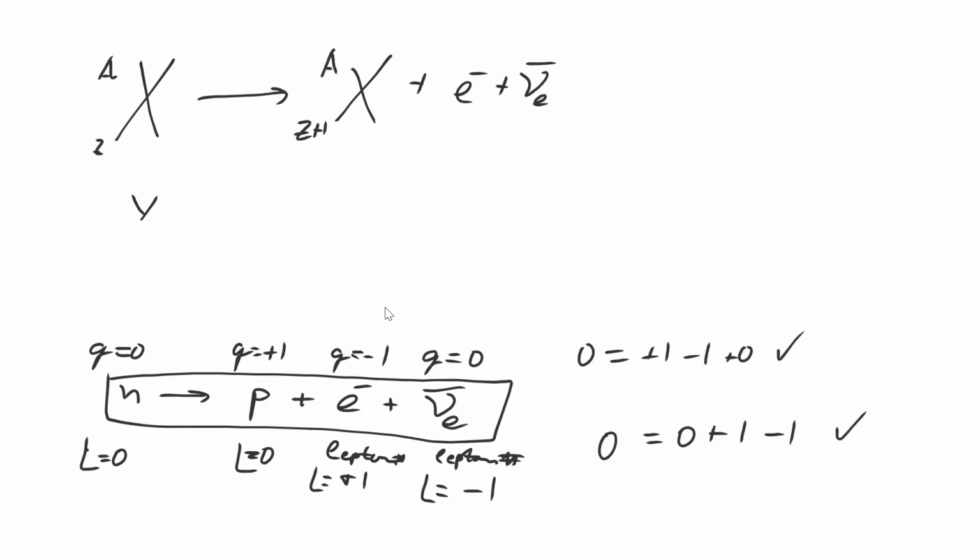Or if I have a different nucleus, and now I assume that it's not neutron rich but proton rich instead, then it's going to convert one of those protons into a neutron, and I need to make up for that loss in one charge. That one positive charge needs to go somewhere, and so I emit a positron.